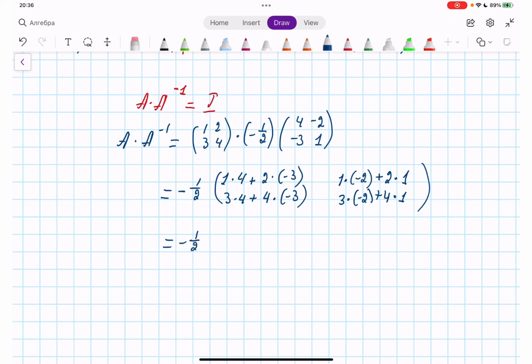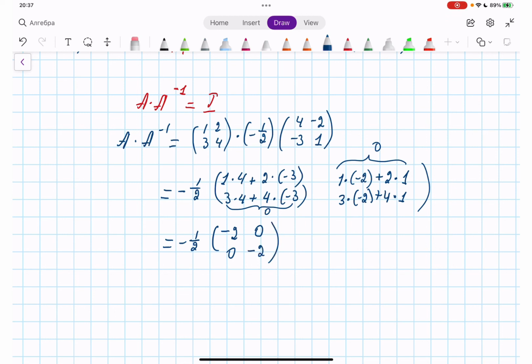So how much are we going to get? Negative 1/2. This is going to be negative 2. Second one is going to be 0. So 0. And this one is going to be 0, right? And the other one, negative 2.